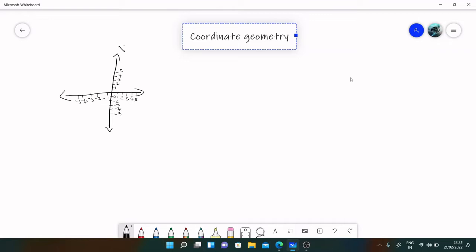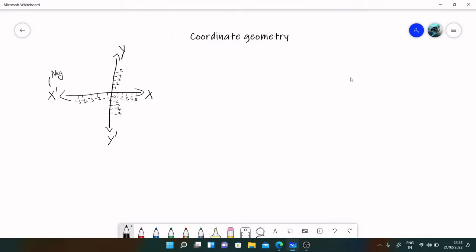This top one is called y, this is x, this is y dash, and this is x dash.